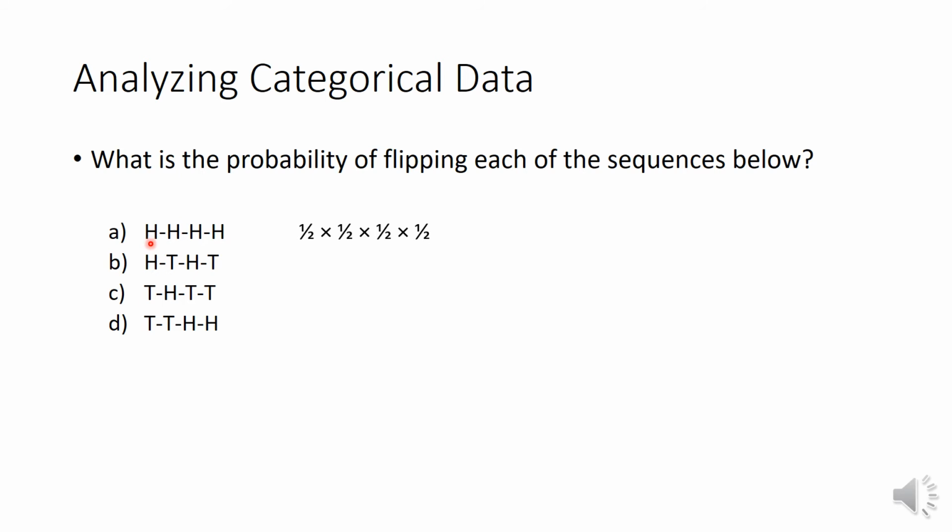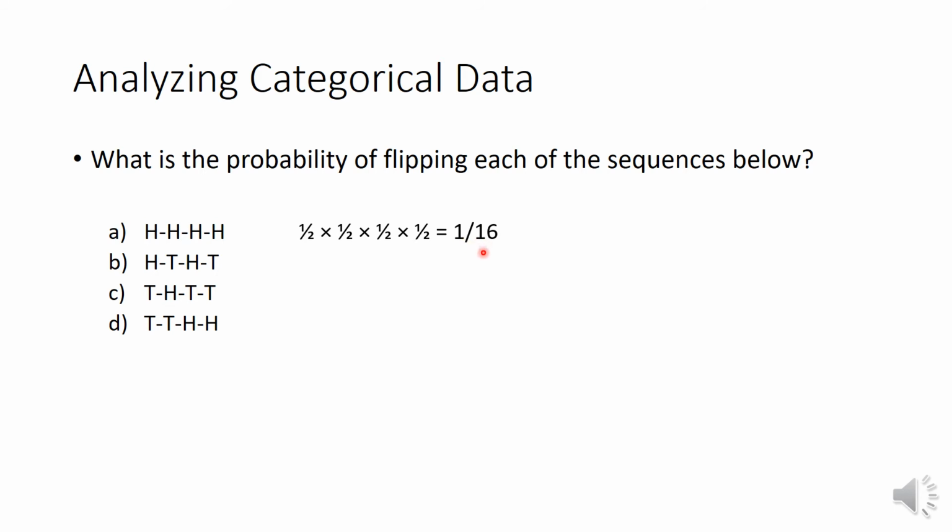What's the fraction representing the likelihood of me flipping a heads on the first one? That's 1/2. How about flipping heads on the second turn? That's 1/2. How about flipping heads on the third? 1/2, and so on. So the probability of doing 4 heads in a row is going to be equal to 1/2 times 1/2 times 1/2 times 1/2. If you multiply it out, that's going to be 1/16.